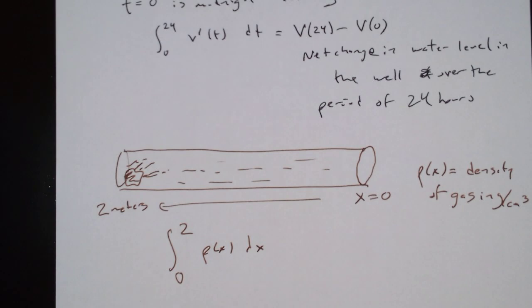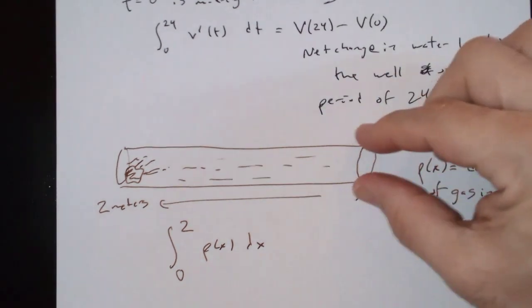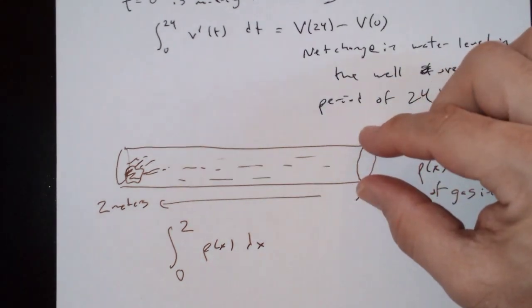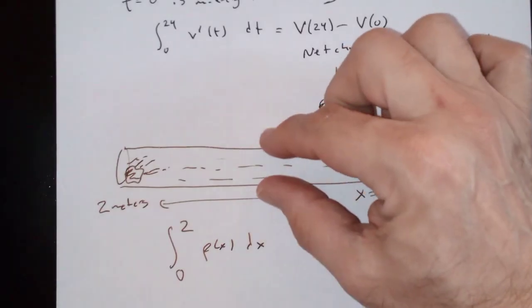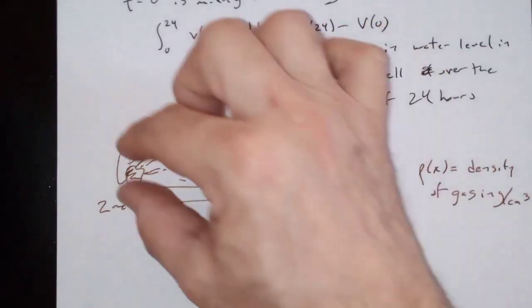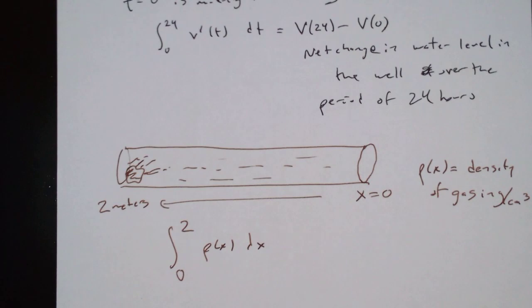Think about my little slice. If I take a slice here, looks like there's very little gas in it. If I take a slice here, there's probably more gas in it. If I take a slice at this end, there's a lot in it, right? But if I add the slices up, I'm totaling the amount of the chemical, aren't I?